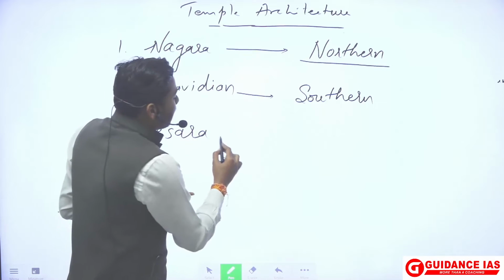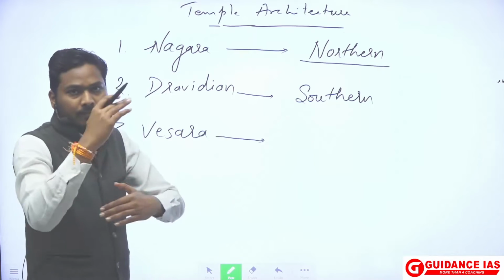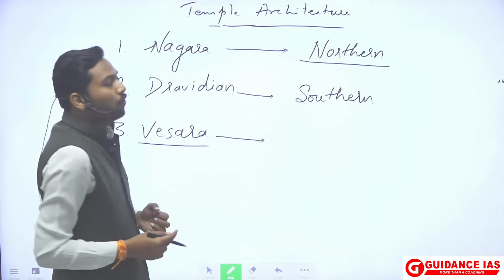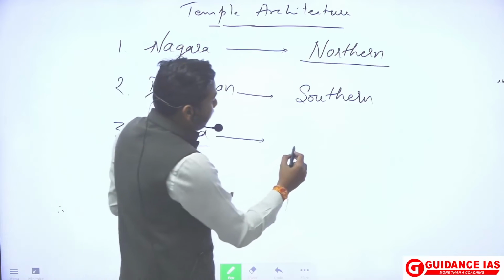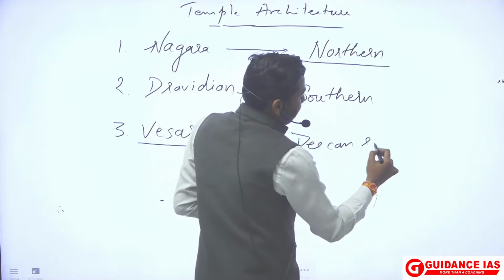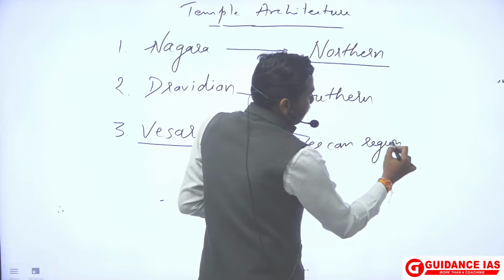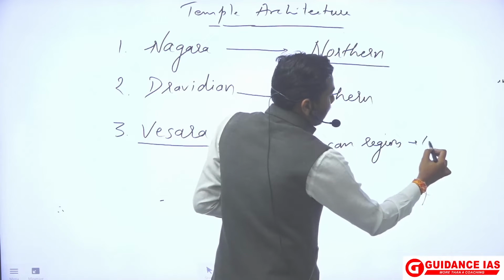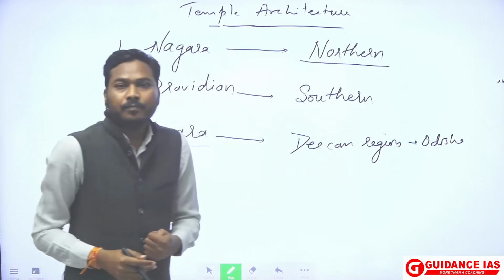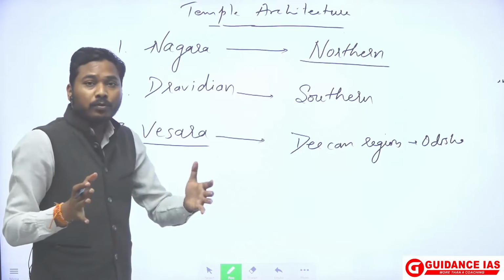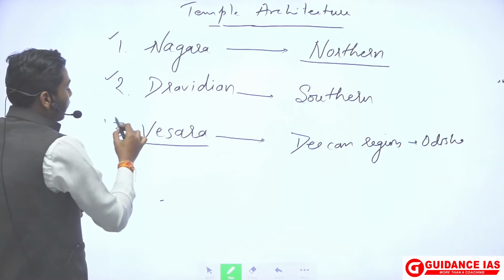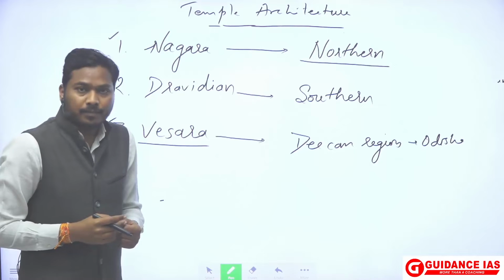And this Vesara style is a mixture of both, which has characteristics of both north and south, and this will be found in the Deccan region, also in Odisha. Clear? So those are the three broad styles of temple architecture in India.